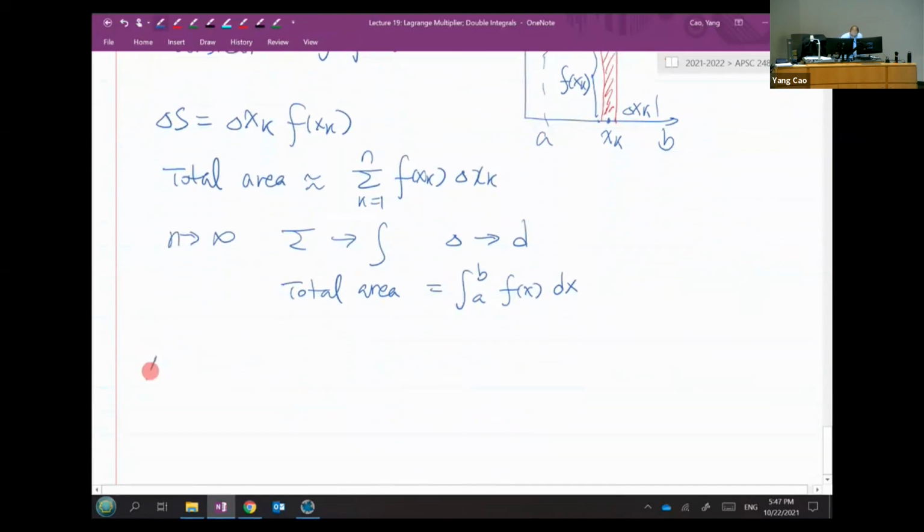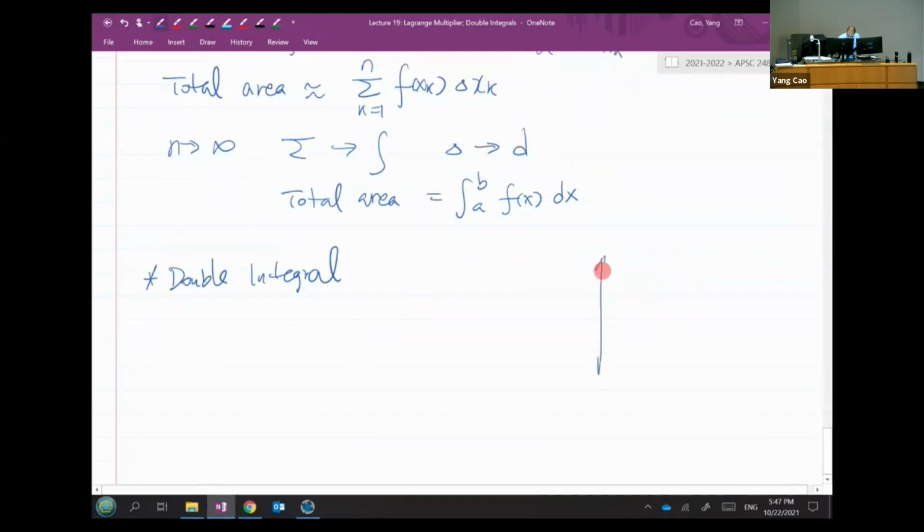Now I'm going to look at the double integral using a very similar approach. So let's see. I have a function z equal to f of x, y.